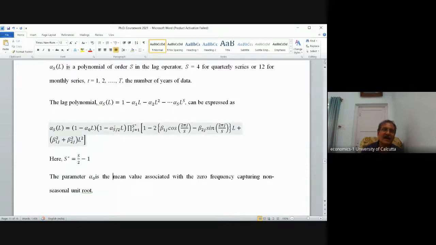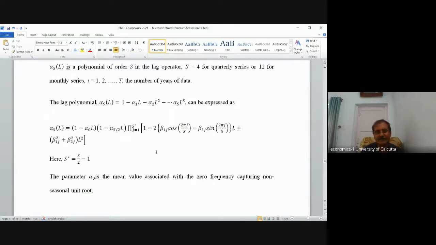And alpha 2, after substituting s is equal to 4, measures the biannual unit roots. And the rest of the part is the complex roots.